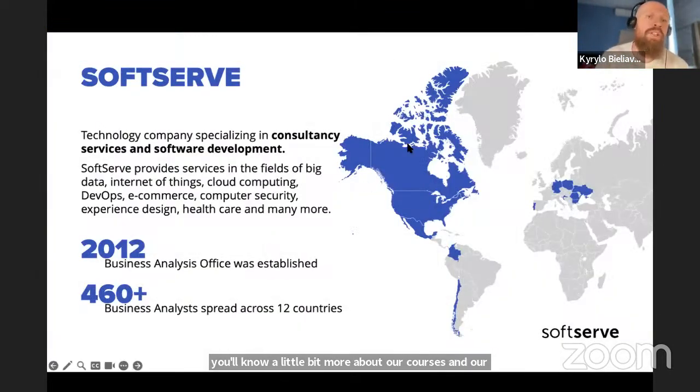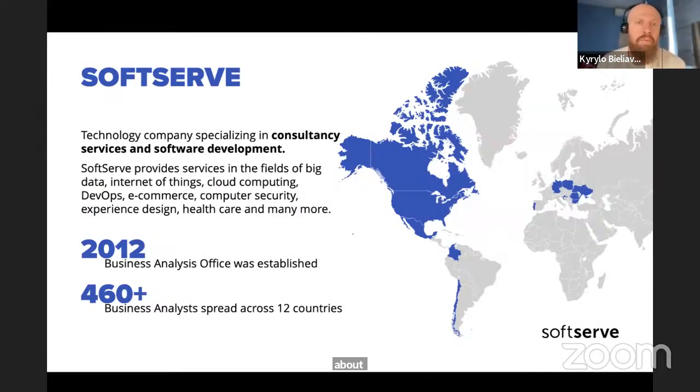So just a few words about Softserve, for those of you who may not be familiar with this company. It is one of the largest Ukrainian consultancy services and software development companies. Basically, we work as a service company and provide services in the fields of big data, Internet of Things, cloud computing, DevOps, e-commerce, computer security, experience design, healthcare, and many, many more. Our business analysis office was established in 2012.